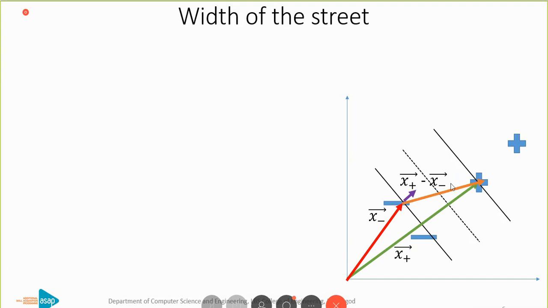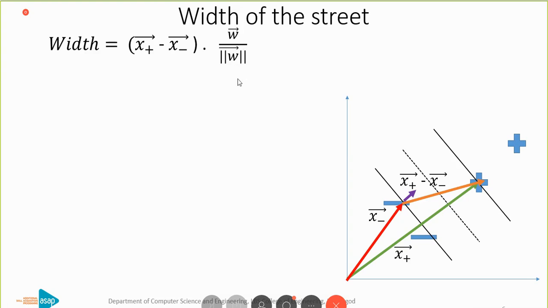So to take the projection, I will take the dot product of this vector with the unit vector. Now I will write the equation. So now your width of the street is x plus minus x minus, that is the difference vector you have, and you take the dot product with the unit vector, w by the norm of w.